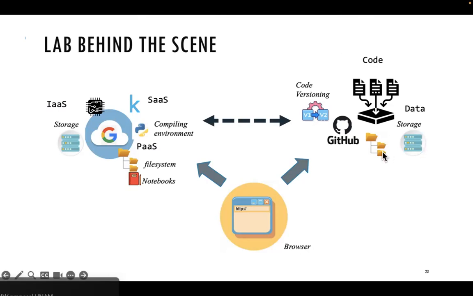So storage, platform, and software. And this service is intended to manage versions of data and code. Okay. Right? And on the other side, we have another company also providing cloud services.